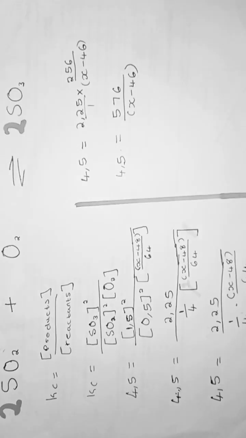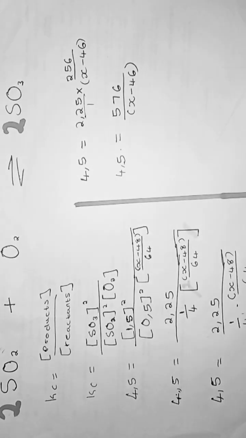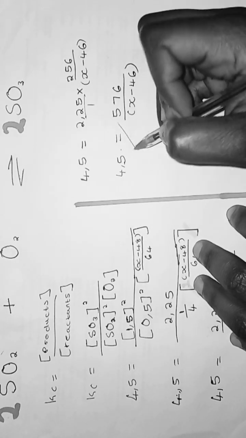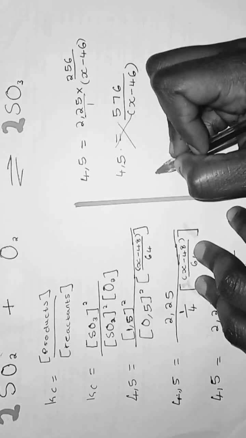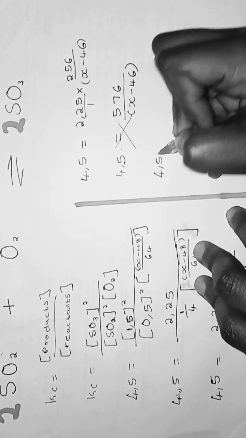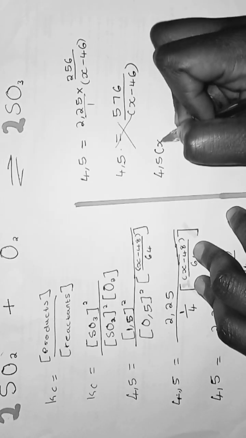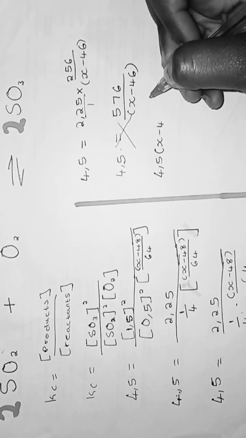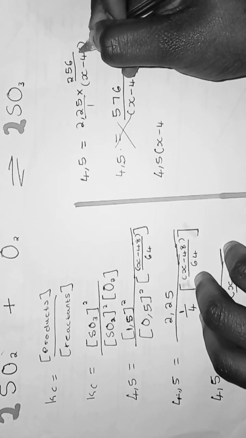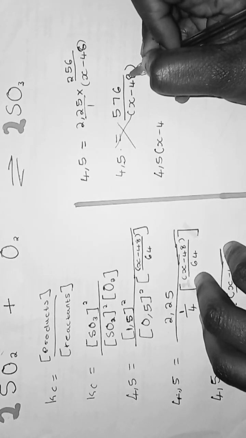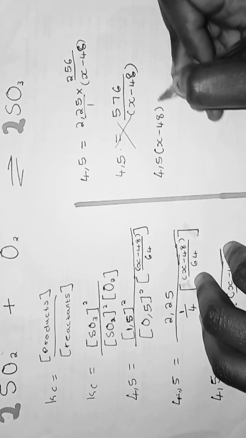After that, I'm multiplying this and this. I'm doing cross multiplication, which will be 4 comma 5 multiplied by x minus 48 equals to 576.